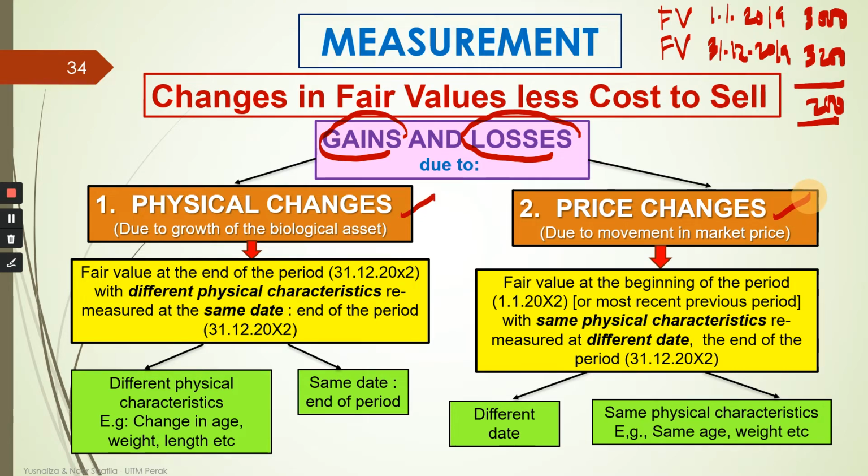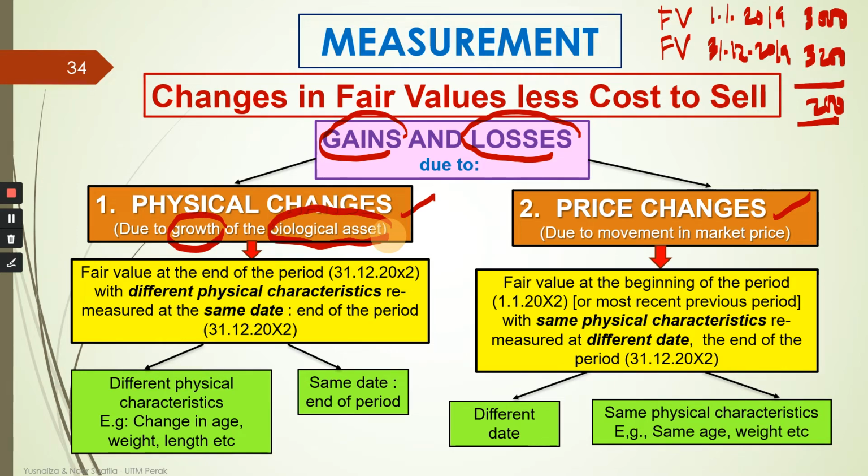If you talk about physical changes, it has something to do with the growth of the biological asset, right? Let's say from day one, a newly born cow, you have that today, maybe later it will turn into a mature cow, right? Maybe 1 year, 2 years, 3 years. So those are the growth, looking at the physical changes.